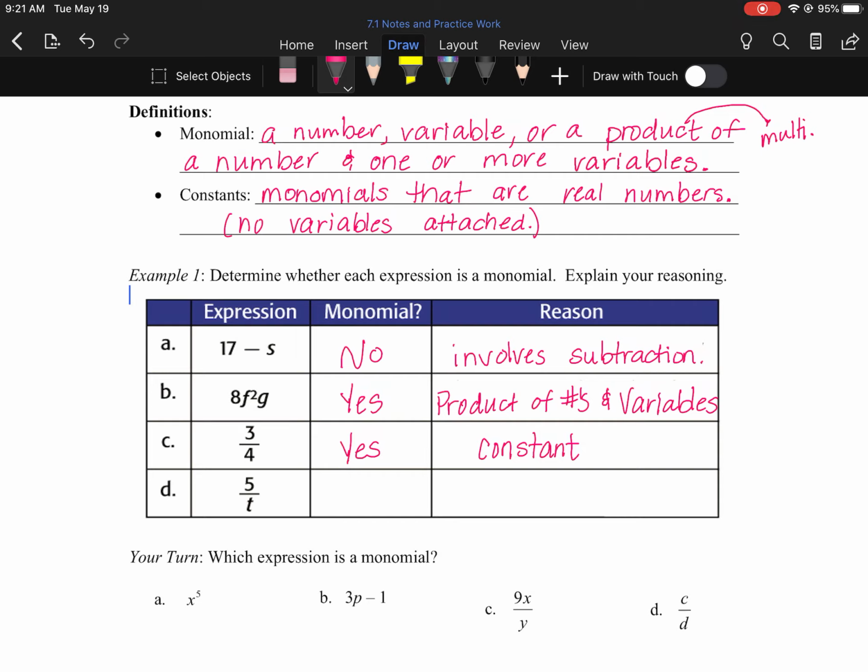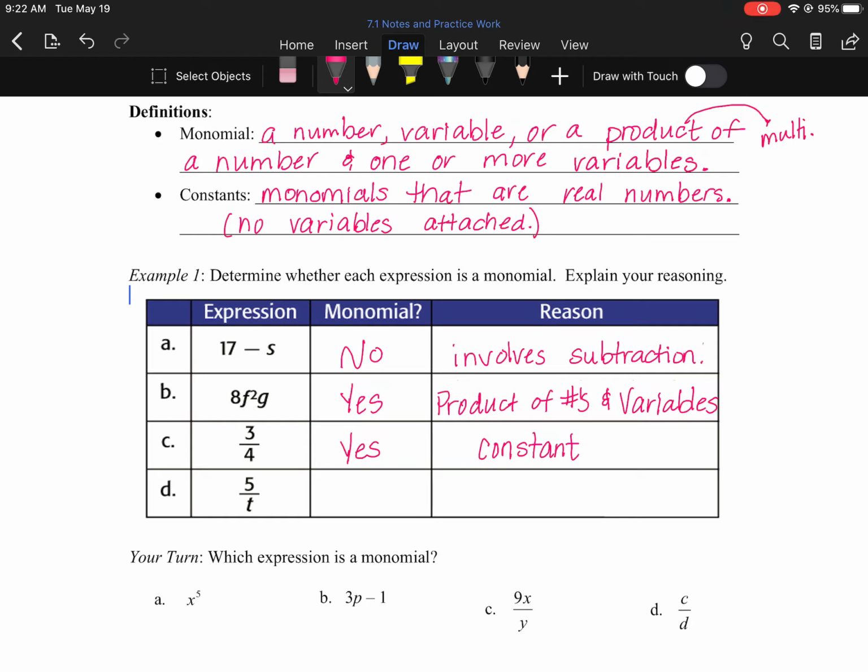All right, D, the last one, it says 5 divided by t. So this one looks very similar to C. The only difference is there's a variable in the denominator. So what we need to think about, the last one, 3/4, it was a monomial because it was just a number. 3/4 is 0.75 in decimal form.